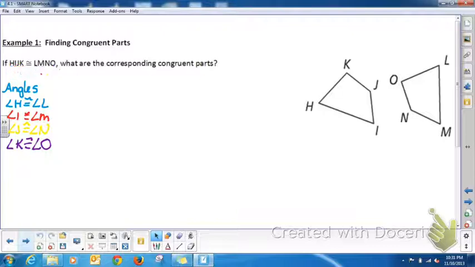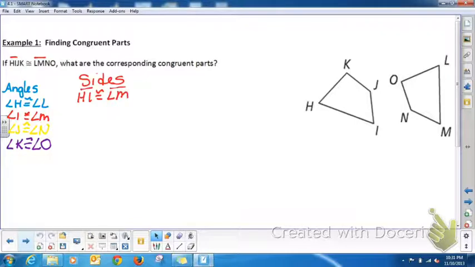If we wanted to name all the corresponding congruent sides, you would then just name the sides that correspond. So, in this case, it would be like this, HI and LM. So, HI is congruent to LM.